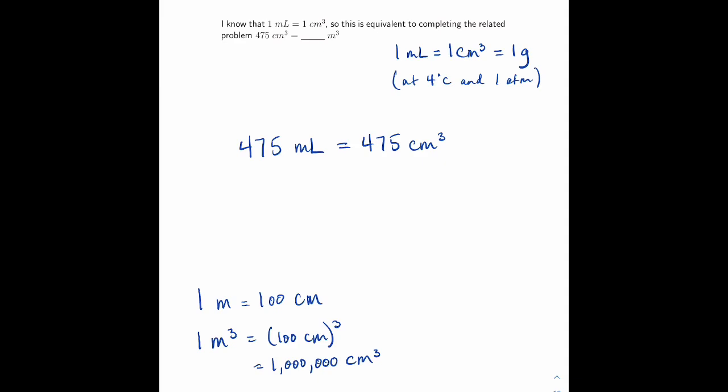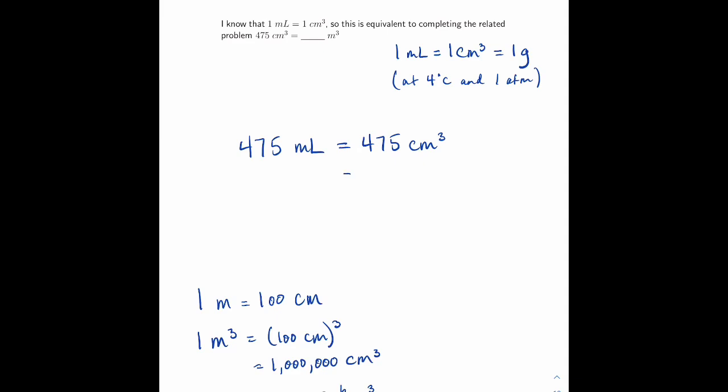Flipping this the other way, 1 cubic centimeter is 1 times 10 to the negative 6 cubic meters.